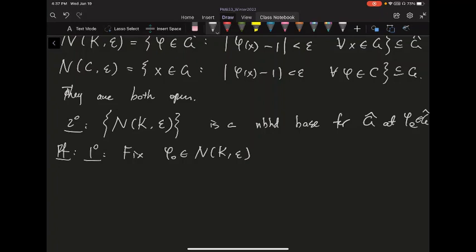We have that this evaluation map, which maps (x, phi) to phi(x), is continuous.